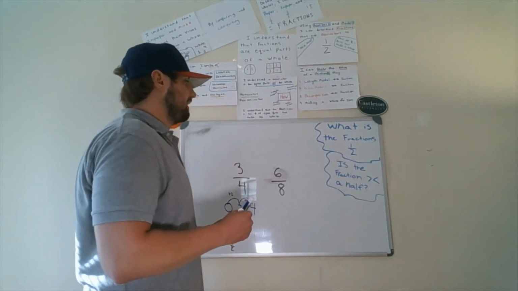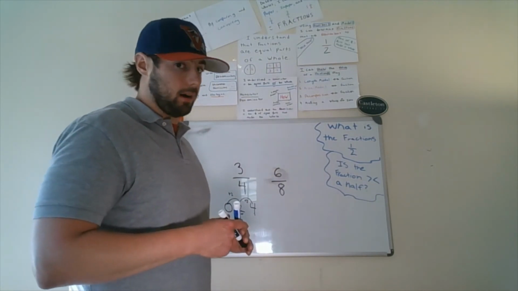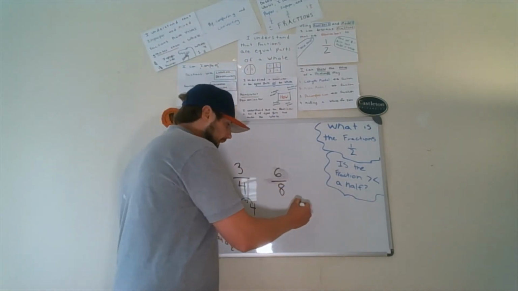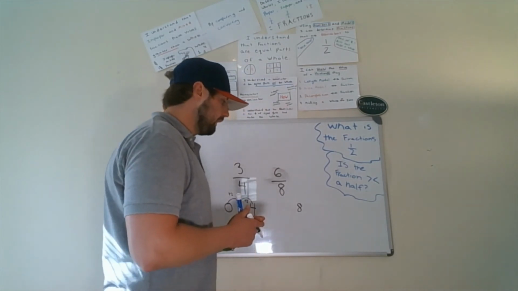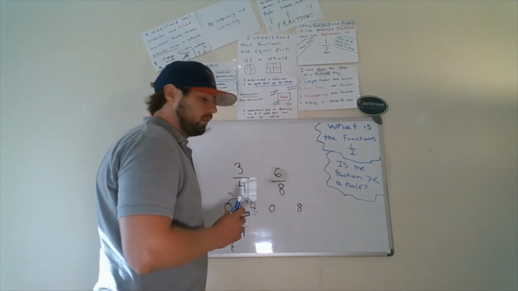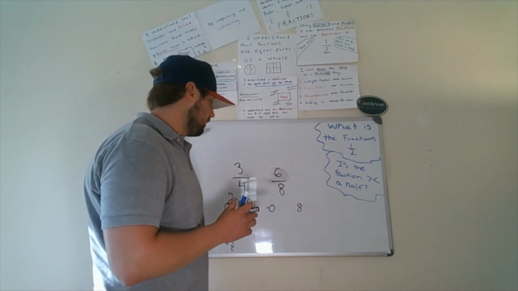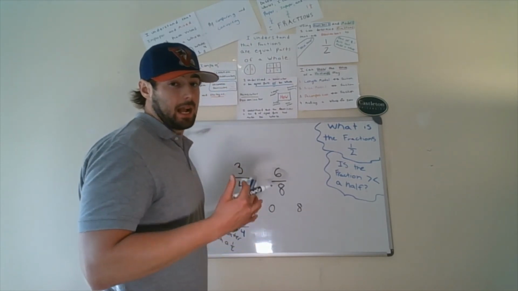Taking a look at 6/8. What is the fraction's half? Need to start with the parts that make that whole. I know 8 parts make the whole in 8ths. Always start with 0. What is the middle between 0 and 8? What is exactly half?